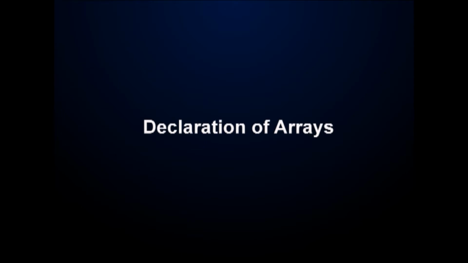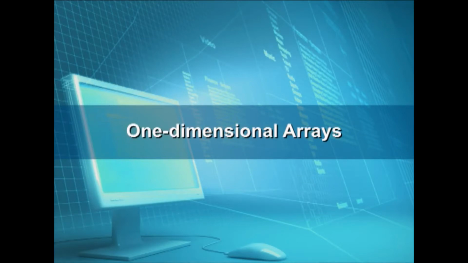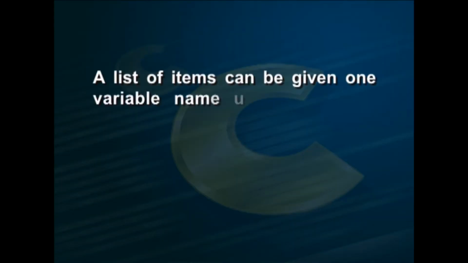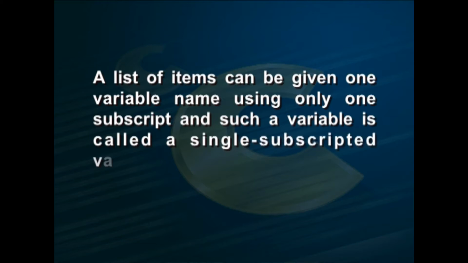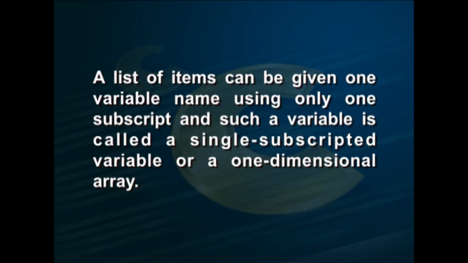Declaration of arrays. Every array must be declared before we use it, like other variables. The declaration of one-dimensional and multi-dimensional arrays differ slightly. One-dimensional arrays: a list of items can be given one variable name using only one subscript, and such a variable is called a single subscripted variable or a one-dimensional array.